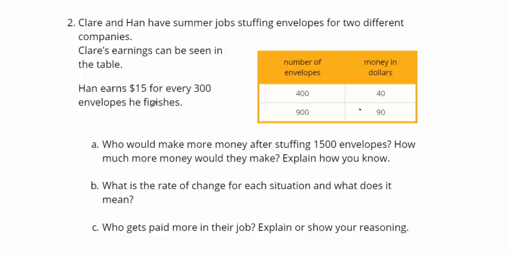So that's how much Han makes. This is how much Claire makes. And we can see how much money they make is represented in different ways, right? Here we have a description in words. And over here we have a table of values for Claire. So how can we tell who makes more money?